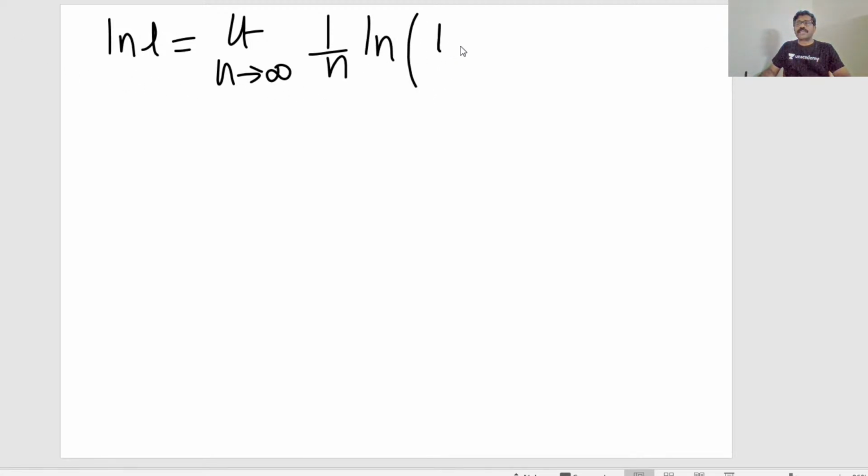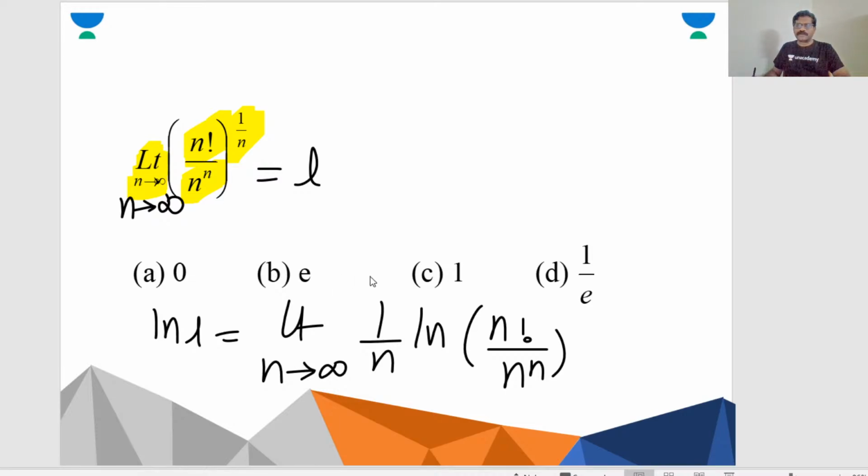n factorial can be written as 1 multiplied with 2 multiplied with 3 till n. If you multiply 1, 2, 3 and so on to n, you will get n factorial, right?